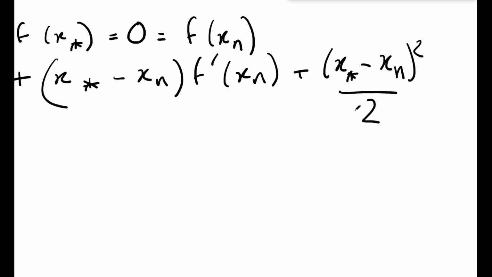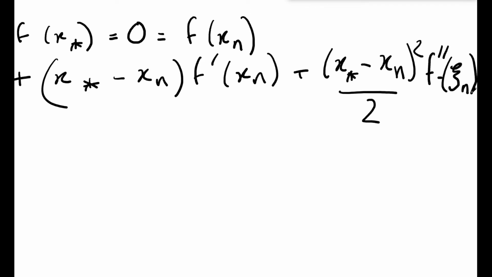Last time I just did it in terms of f double prime of xn. I'm going to substitute f double prime of psi n. That subtle change is very important, so let me rewrite that a little clearer.